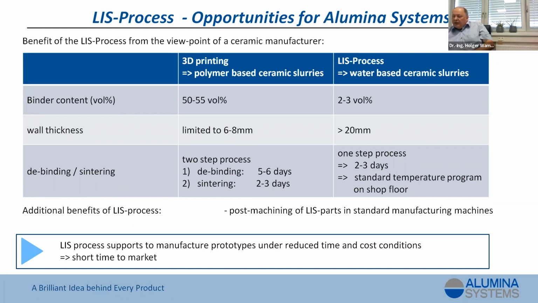And the next advantage is that we can use standard manufacturing machines for post machining, for green machining, and after sintering, of course, for the grinding if necessary. So this all leads to a short time to market for the LIS process, and I want to show that in the next slide.